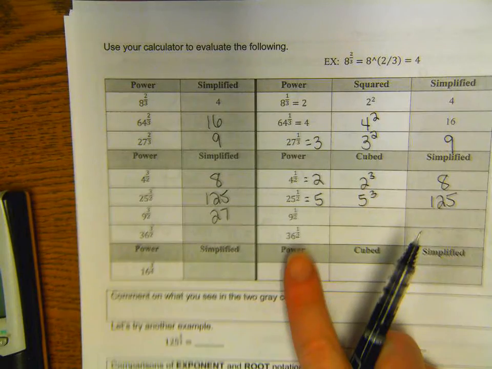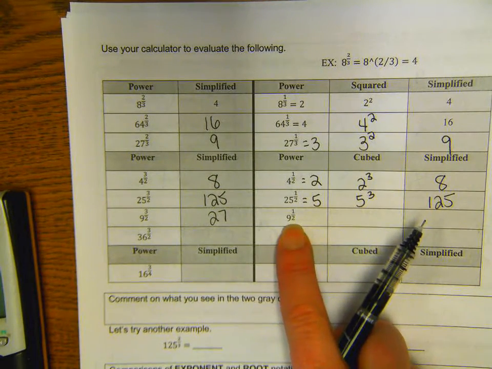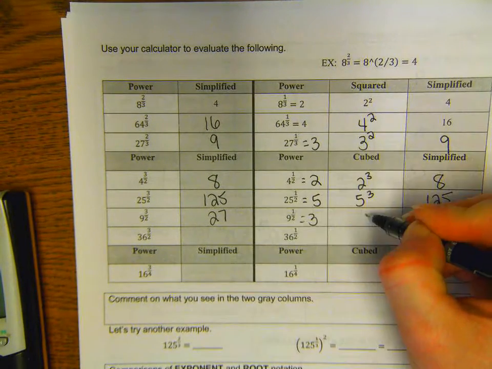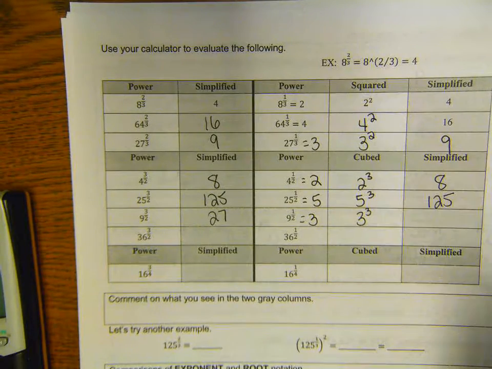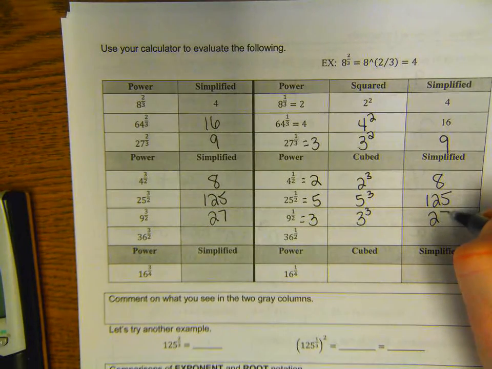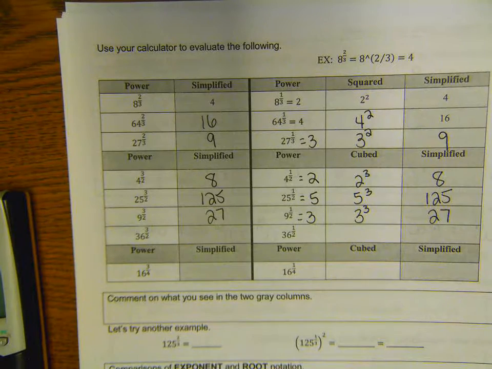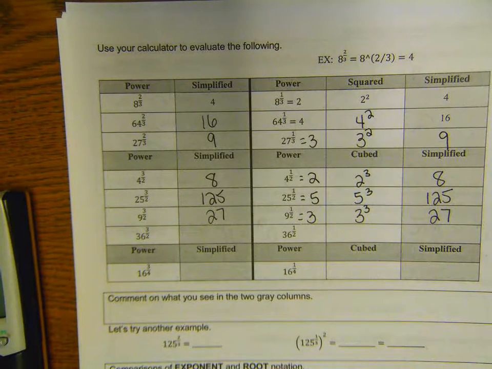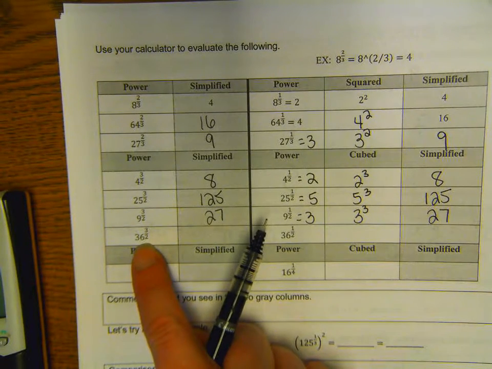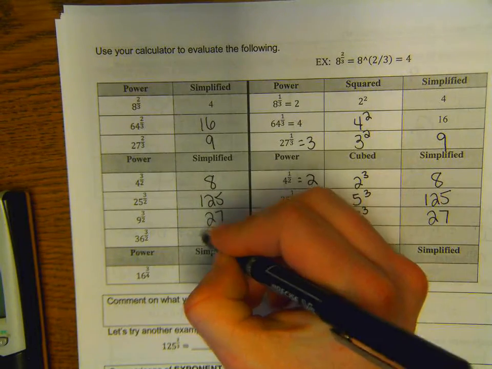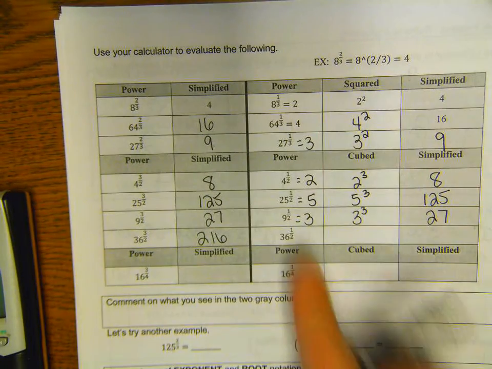What's the square root of 9? What's 3 cubed? 27. Alright, what's 36 to the 3/2 power? What's 36 to the 1/2?